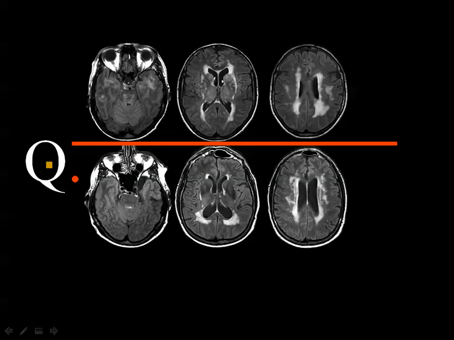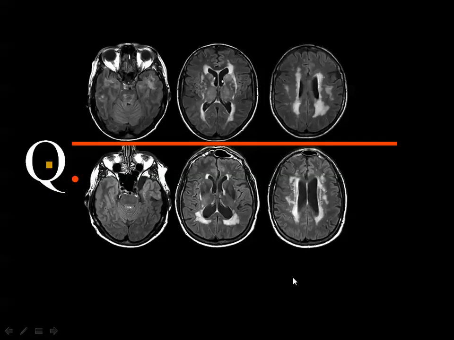These are two similar diseases, but with minor difference. This patient and another one both have periventricular white matter signal abnormalities.